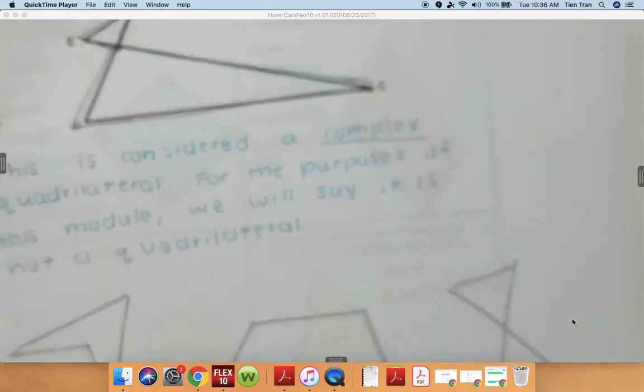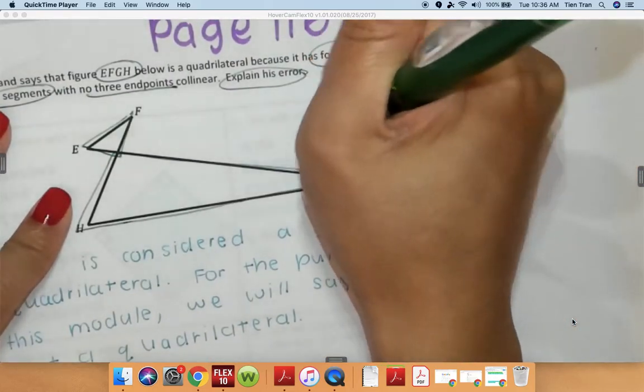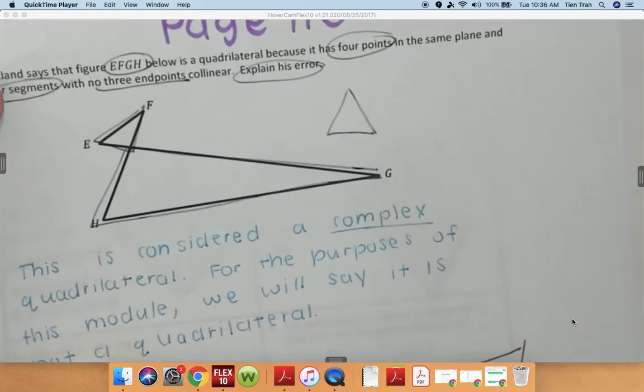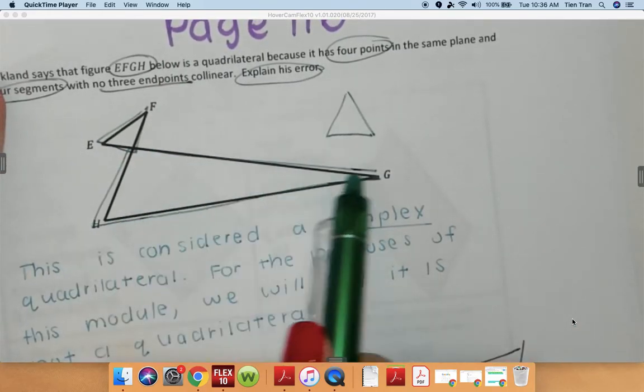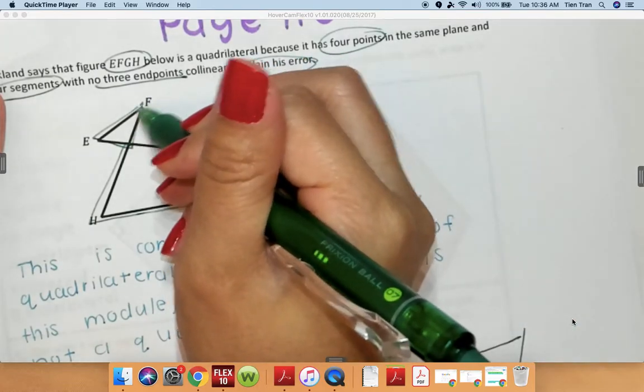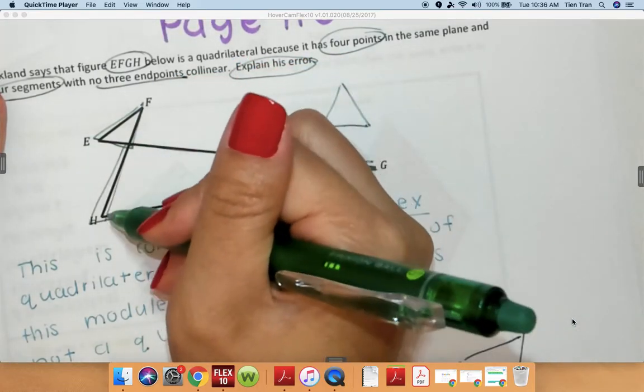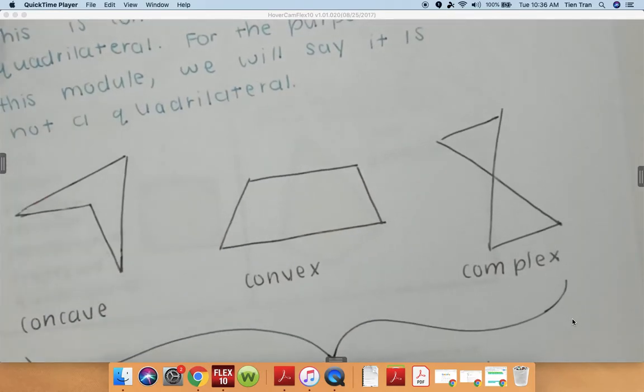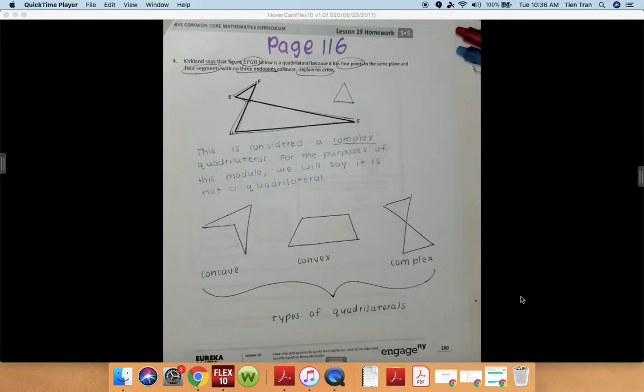And notice the triangles aren't equilateral or equal on all sides. They are very different. This one's like a smaller triangle right here, and this one is much larger. Okay? So let me zoom out a little so you can see that. And that is basically all for page 116 and for lesson 19 homework.